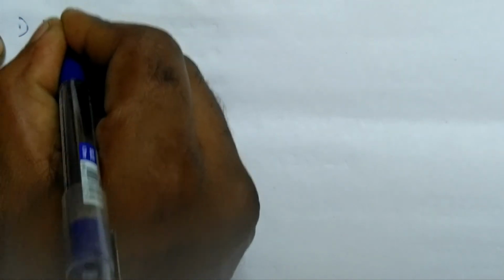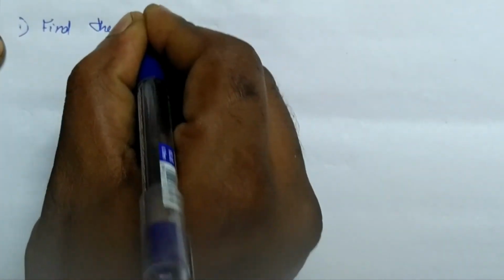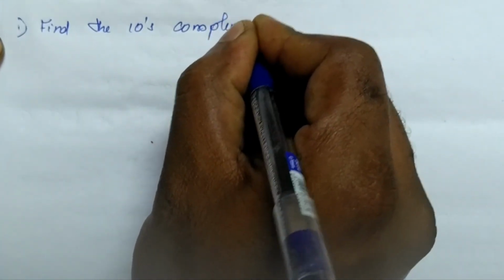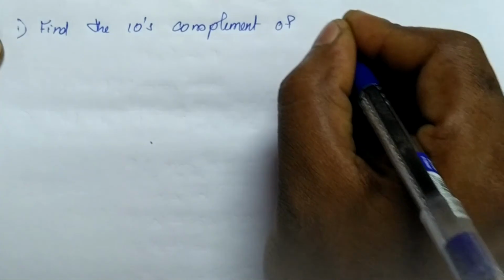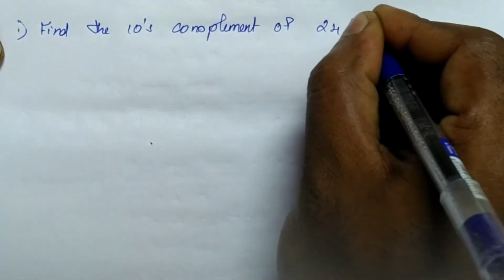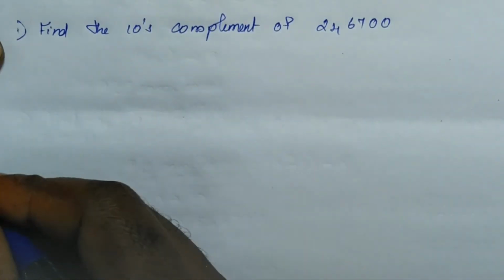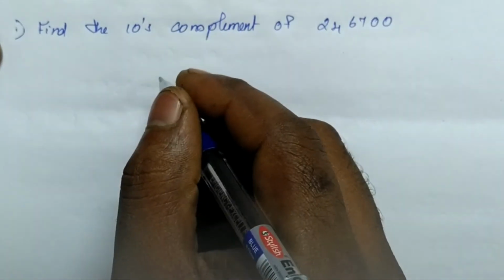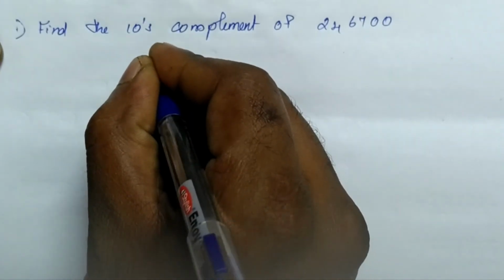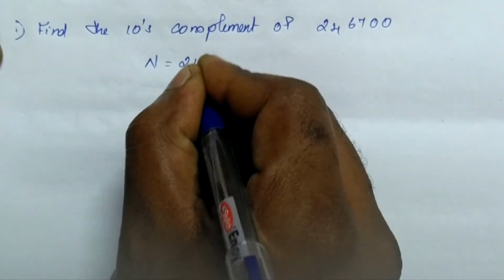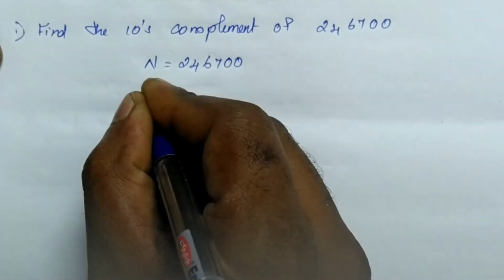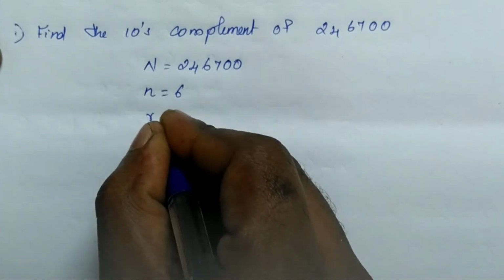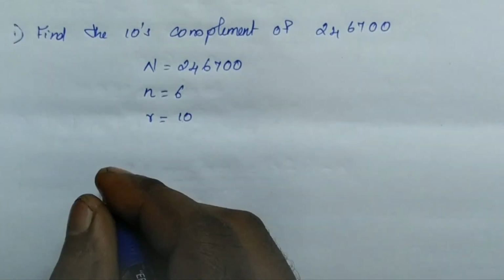Find the 10's complement of 246700. So here the capital N is 246700, small n, the number of digits, is 6, and the base r is 10.